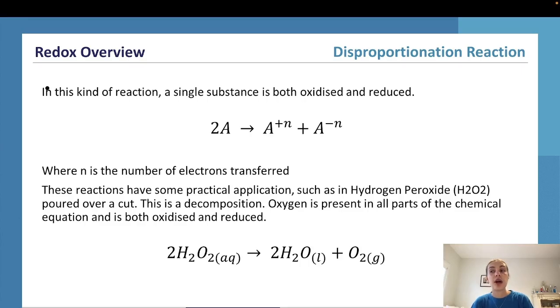hydrogen is going to have a +1 charge, and oxygen is going to have a -2 charge. But if we were to follow that rule in this particular circumstance, we would find that having hydrogen with a +1 charge and oxygen with its -2 charge would not add up appropriately.